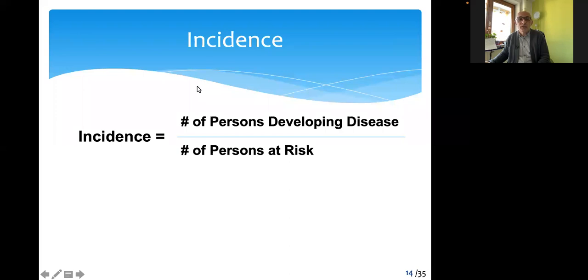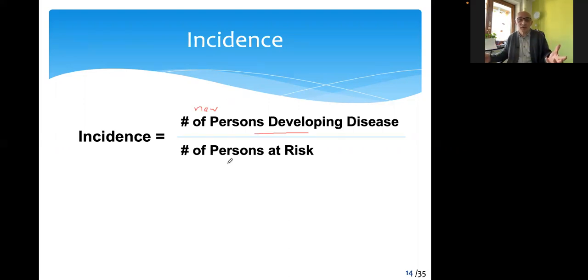Now, I'm going to introduce some statistical terminology, and we will start with very simple ones, namely the incidence. Most of you, almost all of you, I suppose, know what incidence actually is. It is the number of new people developing a disease within a population under risk.